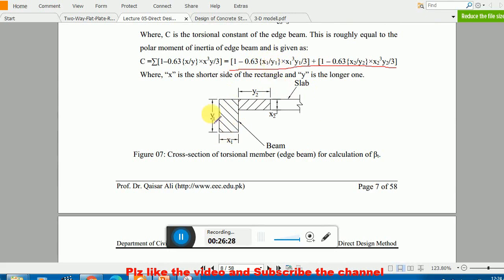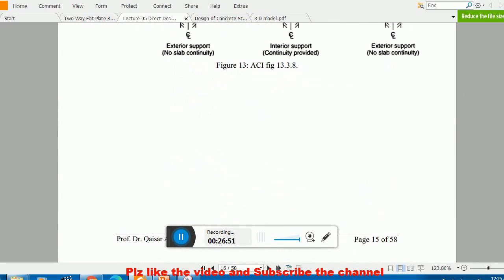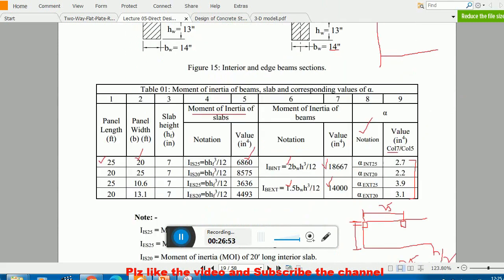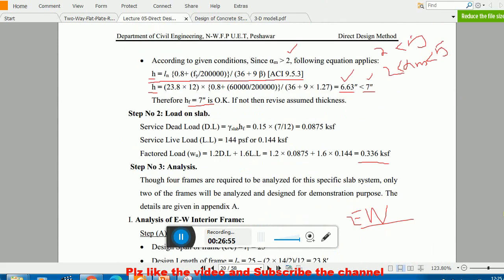This one, that is 14. y1, in our case, is roughly 20 inches. x1 cubed, again these values, you cube it, multiply and divide. Then 1 minus 0.63 x2 over y2: x2 is 7, y2 is roughly 13 inches. So we have to use these. Now let me show you where we were.